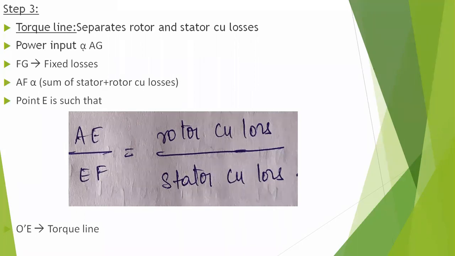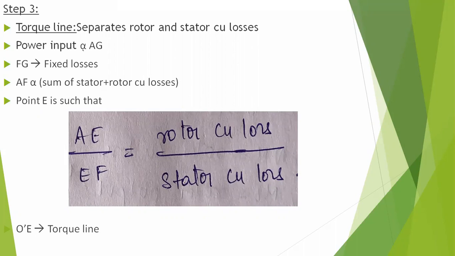When the rotor is locked, all the power supplied to the motor will be meeting core losses and copper losses in the stator and rotor windings.